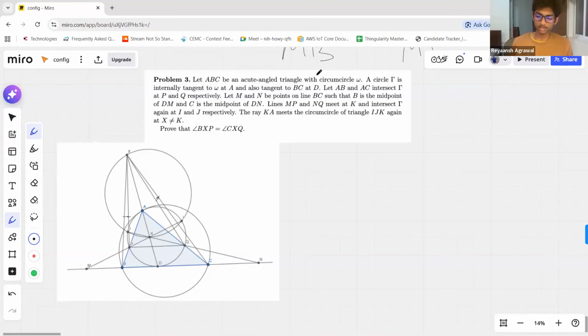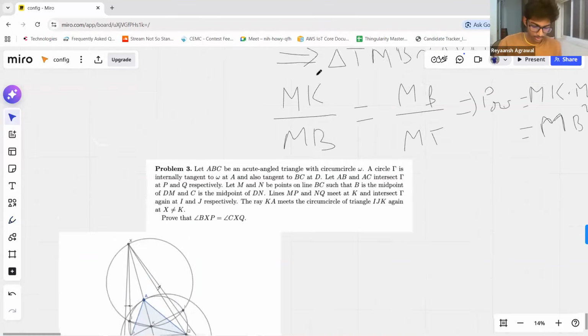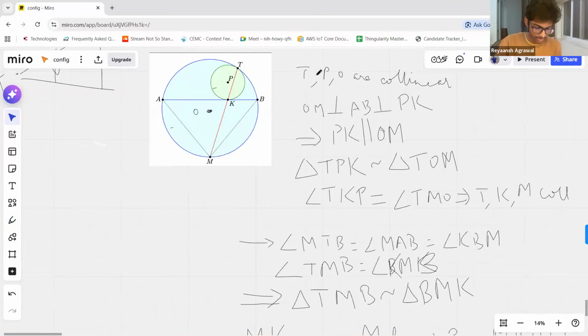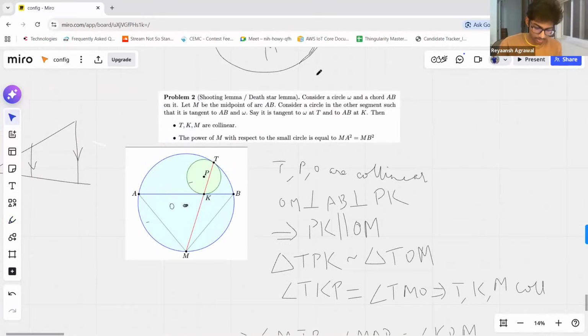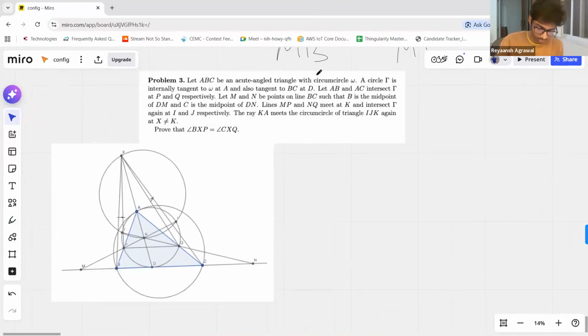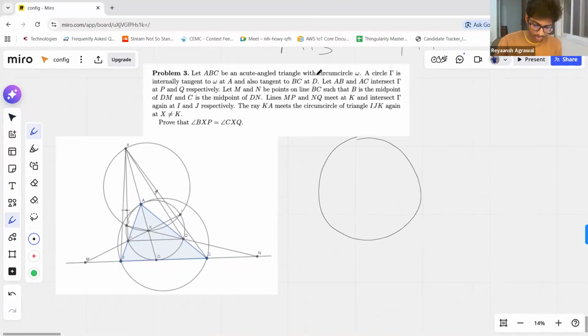Okay, just keep in mind the configurations we've learned till now. We've learned the shooting lemma, the Death Star lemma, which says that the line AD bisects the arc BC. We just covered that above. Essentially, if we isolate this figure, I'll just draw it. We have a circle and a triangle, and we have this circle as well.